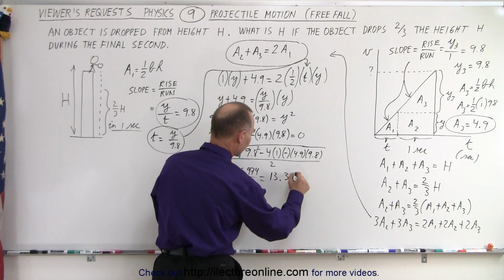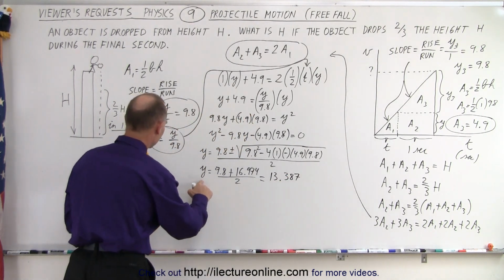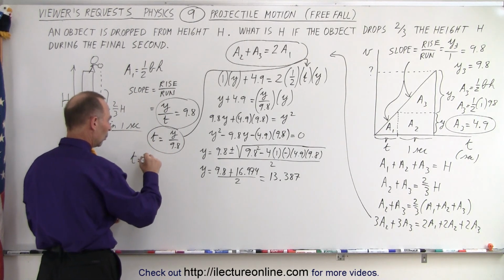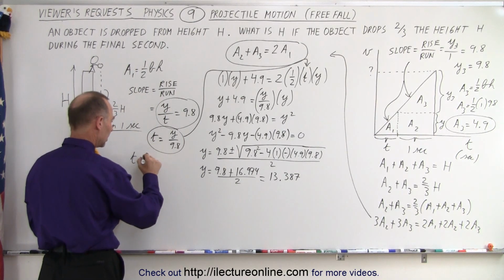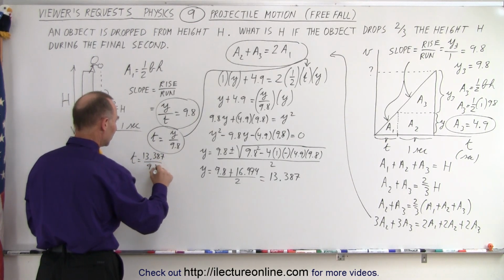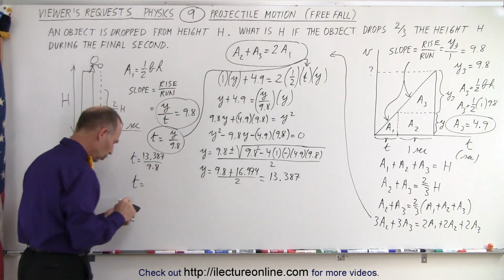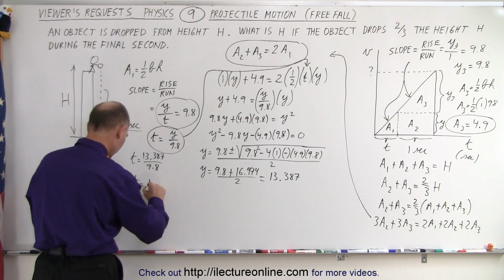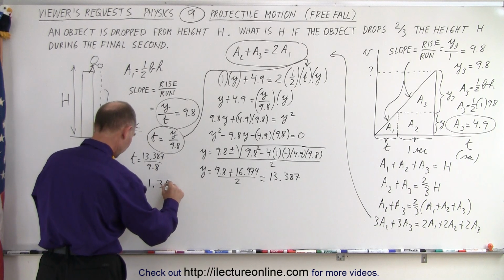13.387. So now that I have the value for y, I can figure out the value for t. t is equal to y, which is 13.387 divided by 9.8. So t is equal to 1.366.